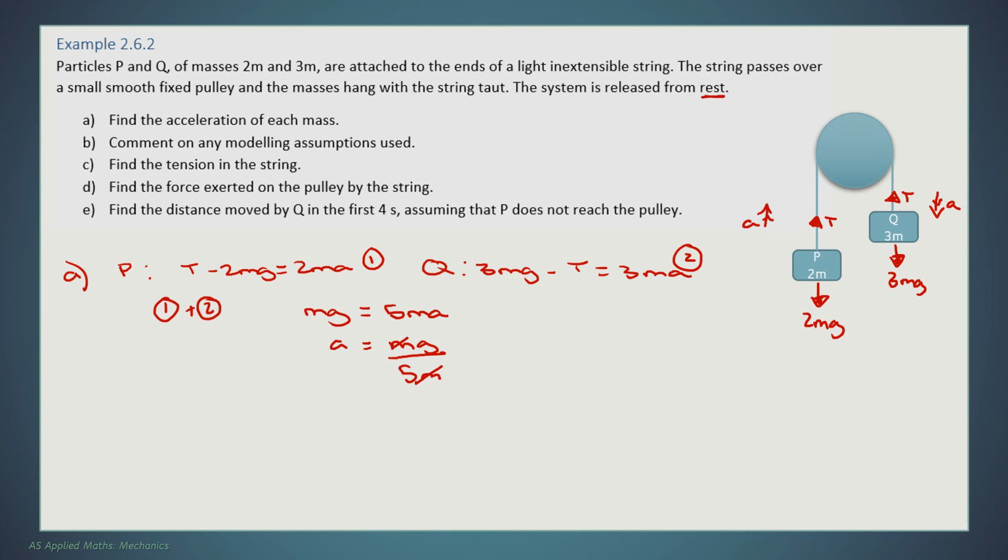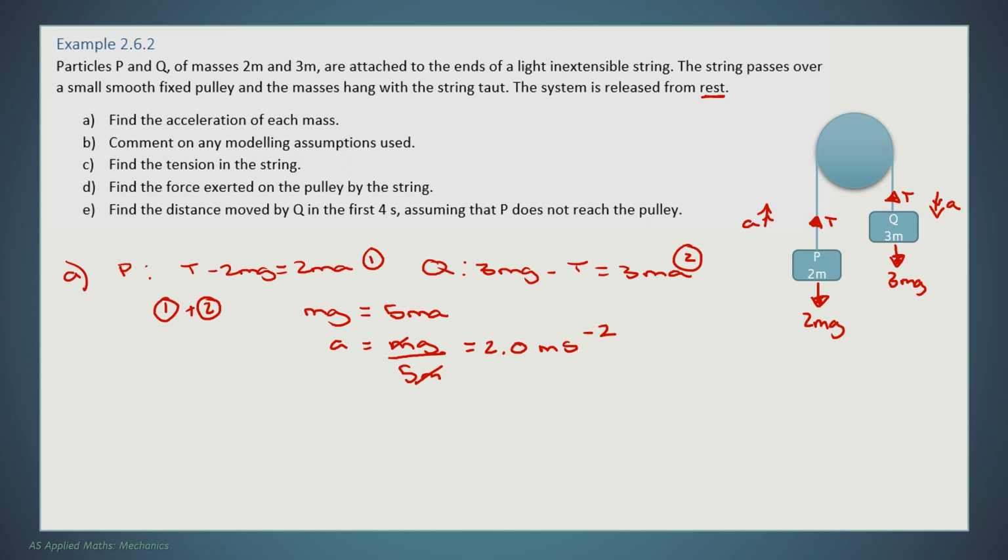So we have got a is equal to g over 5, which is 1.96, therefore 2.0 meters per second squared to 2 significant figures.